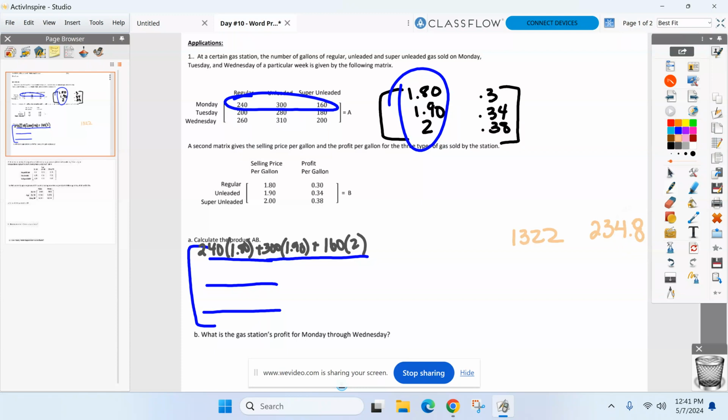You ready for row 2, column 1? Row 2, column 1, 1,252.